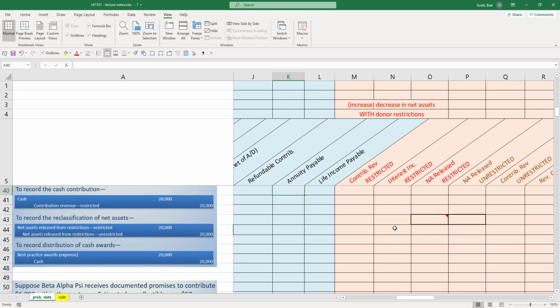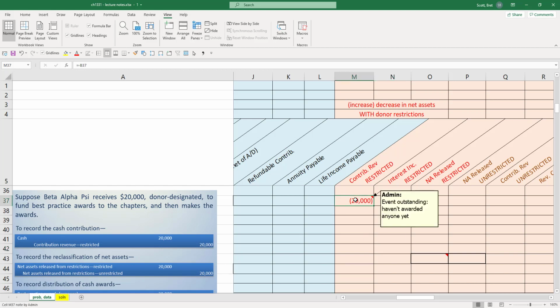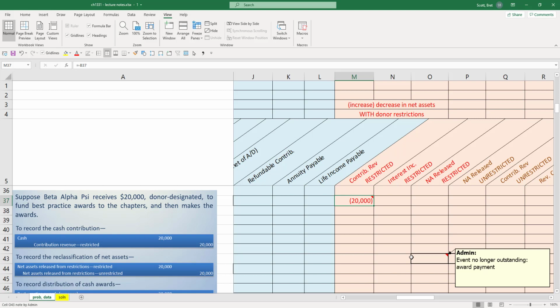So you have to imagine that time has gone by and we have acknowledged that the $20,000 that was restricted can now be released. We're going to spend the money on a specific chapter to recognize them for certain performance. So, best practice award. Fair enough. What do we record in this case?